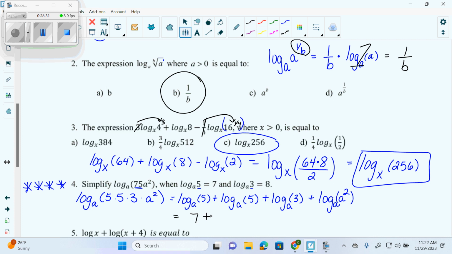Plus log base a of 5 is 7. Plus log base a of 3 is 8. And then what's log base a of a squared? 2. It's just a 2. And if you don't see it, you could bring the 2 out front here, and then it would just be 2 times log base a of a, which is 2 times 1. Right? Because log base a of a is just 1. So this is going to be 2, which is 20.